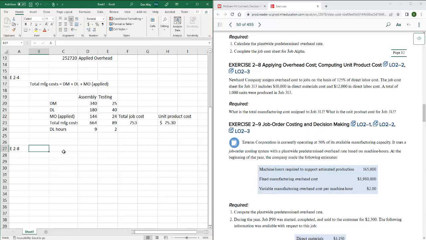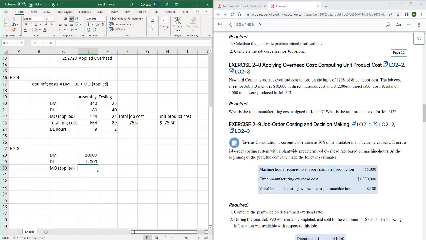So total manufacturing costs, as we said back in 2.4, that's our direct materials, our direct labor, and our applied overhead. Just to be explicit there for us. Now for this job 313, that's $10,000 in direct materials, $12,000 in direct labor, and now let's figure out that applied overhead.